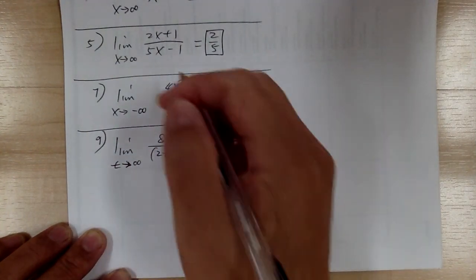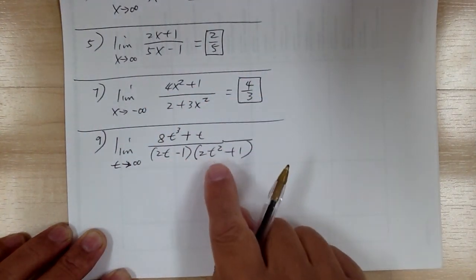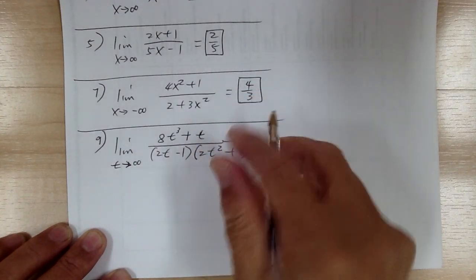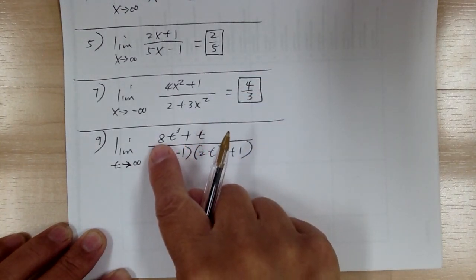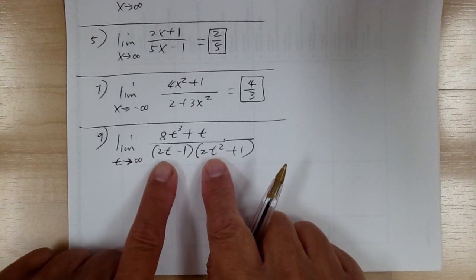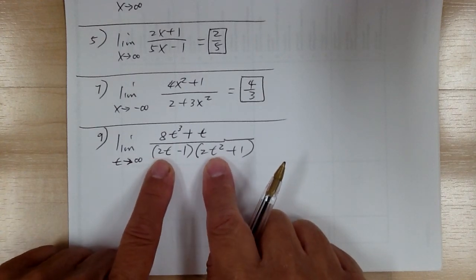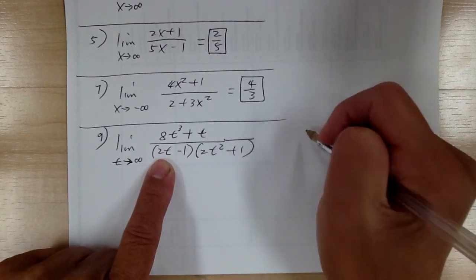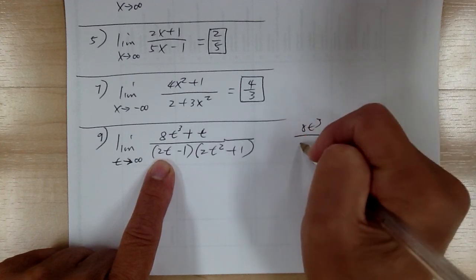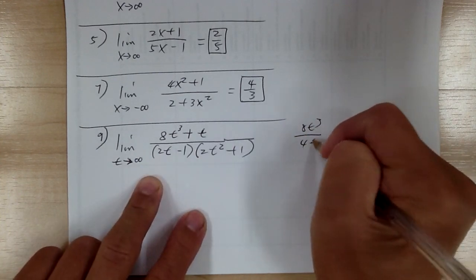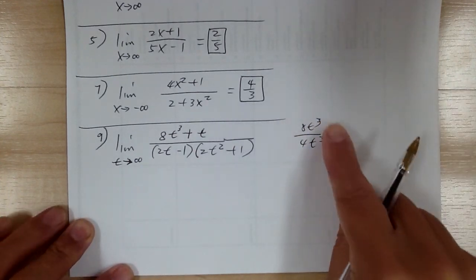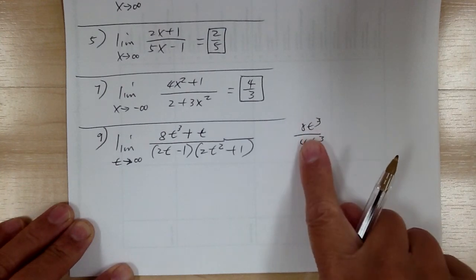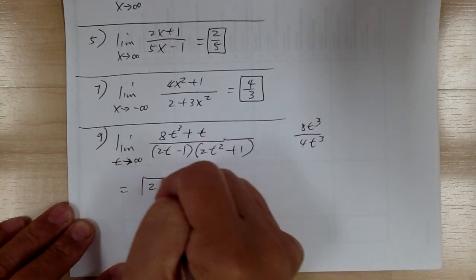Again, when they approach infinity, all you have to do is look at the highest degree term. This is 8t cubed on top. On the bottom, when you multiply, you're going to get 4t cubed. So basically you've got 8t cubed over 4t cubed. This will cancel, so the answer would be 8 over 4, which equals 2.